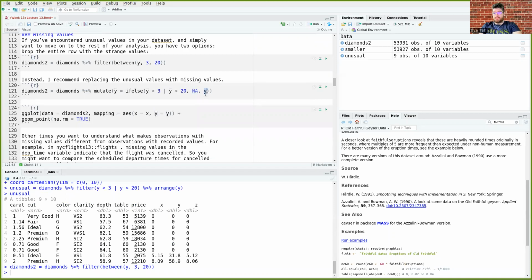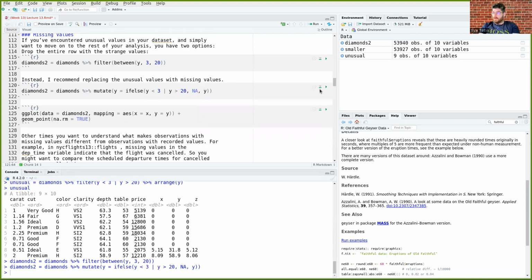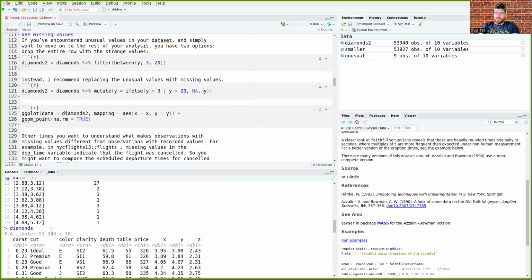Instead, if it is more than 3 and less than 20, then we leave the value as it is. Okay, so this is the more proper way, and as you can see, after implementing this function, we are left with the same number of values as our original data set, 53,940, and these y values are just marked with NAs.